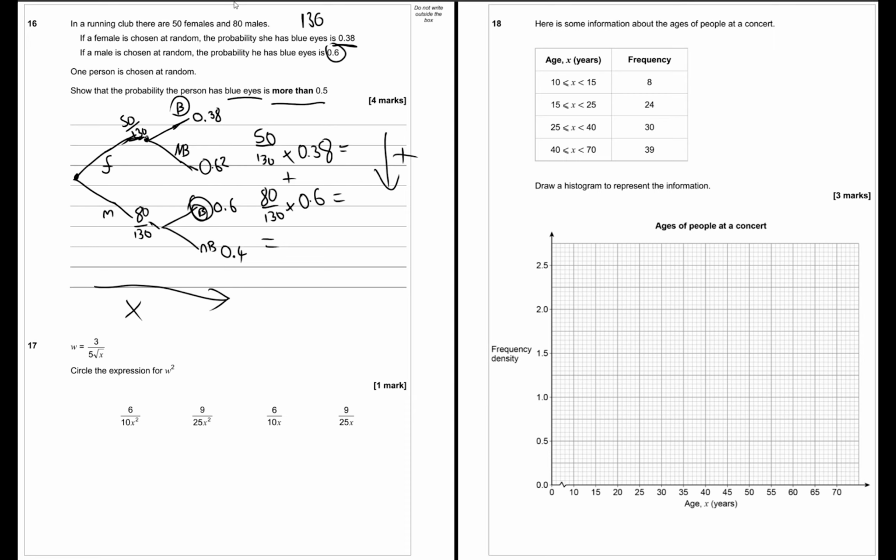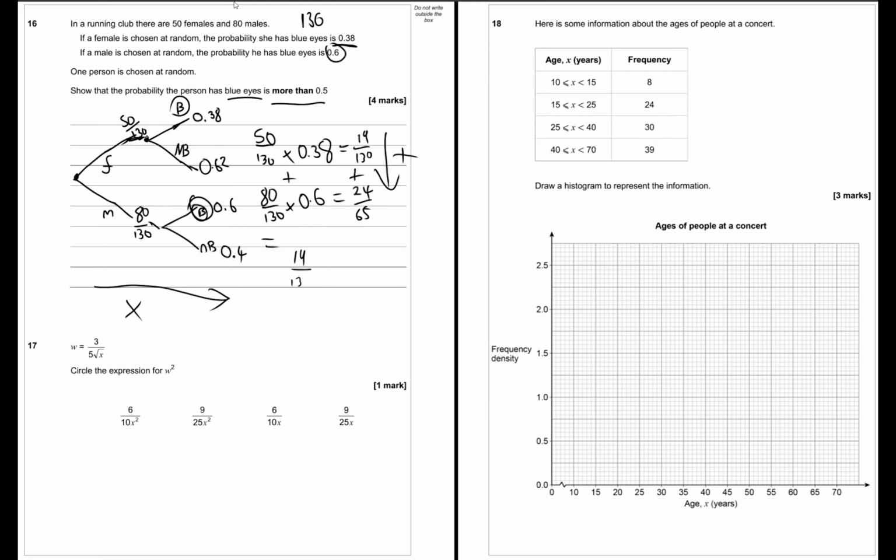So first one, 50 divided by 130 times 0.38, you get 19 over 130. Then the second one, you can do 80 divided by 130 times 0.6, and it gives you 24 over 65. Now we're adding these two together.